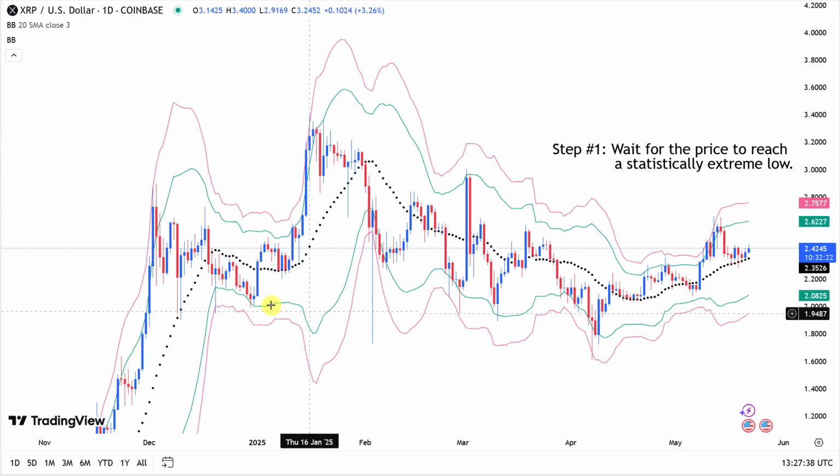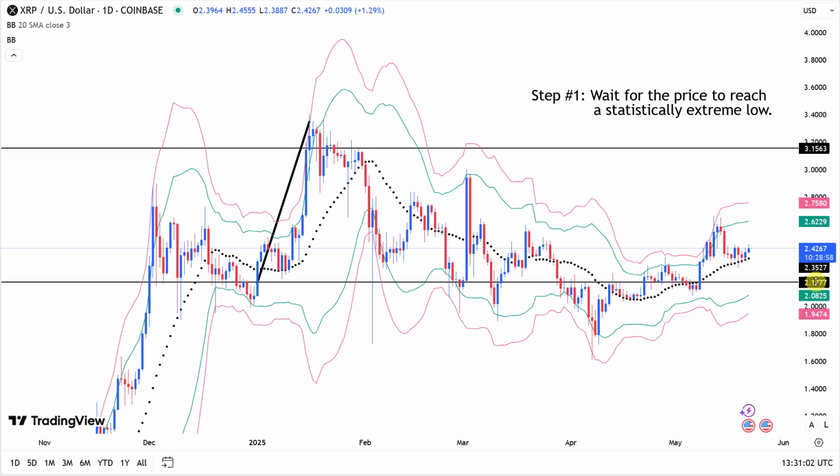If step number 2 confirmed that it was actually reversing, which probably would have occurred somewhere in here, what sort of gain would this move be? Going from 2 standard deviations up to 3. Well, from $2.17 to $3.15 is about a 45% gain in about 15 trading days. Any of these moves from extreme low to extreme high, these are very significant moves in a short period of time. That was 3 days.